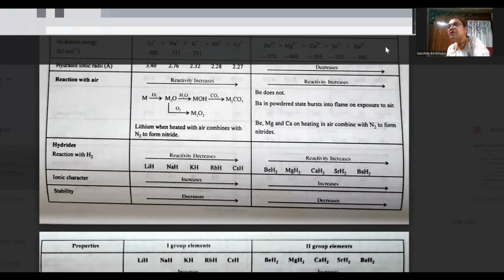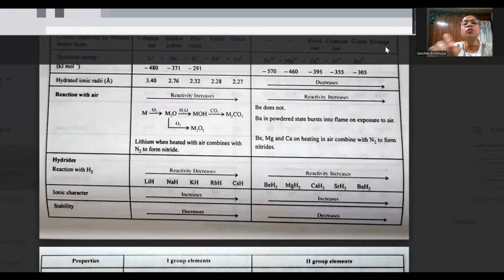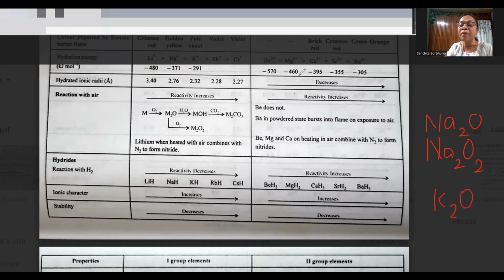There is a possibility for sodium to form not only the normal oxide Na2O but also the peroxide Na2O2, when reacted with air under different conditions. Potassium has a tendency to form the normal oxide, the peroxide, and also the superoxide, which has not been listed here, but you can note it down.